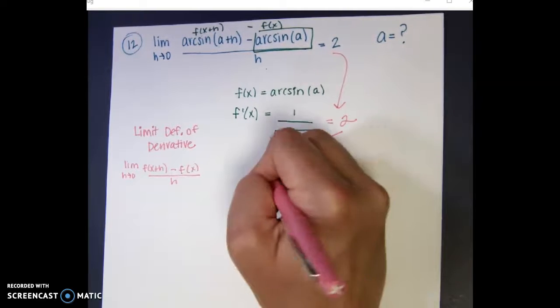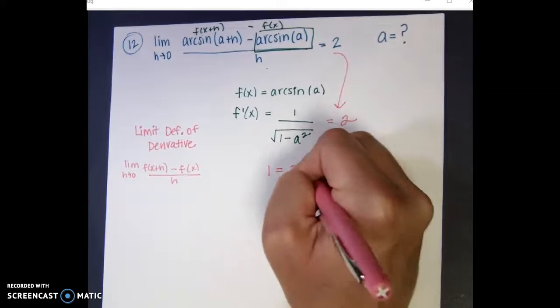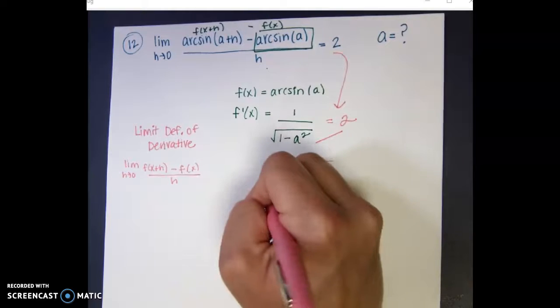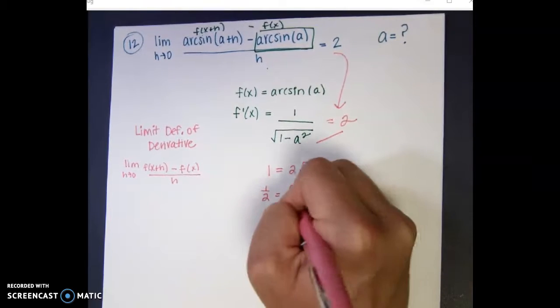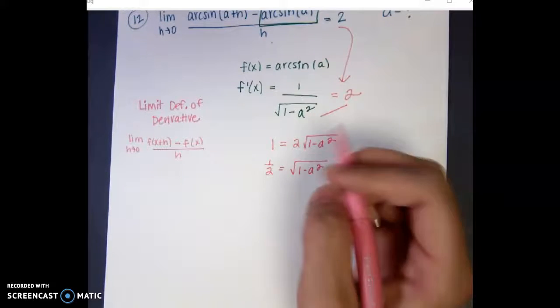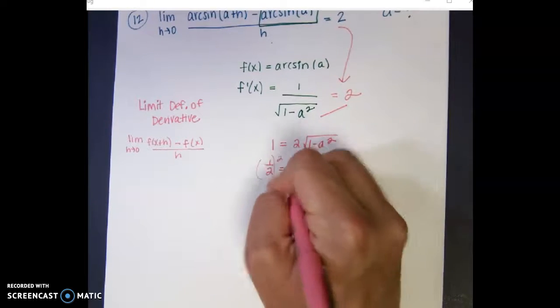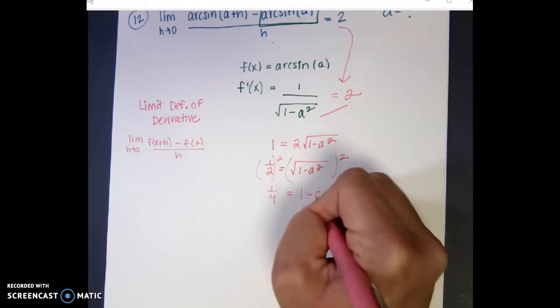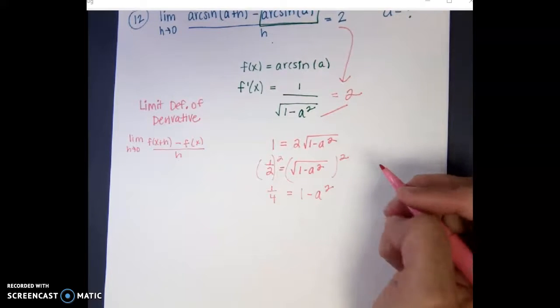So if you cross multiply, and the goal is to solve for a, so I'm going to divide by 2. To get rid of that square root, I'm going to square both sides. So we'll have 1/4 equals 1 minus a squared.